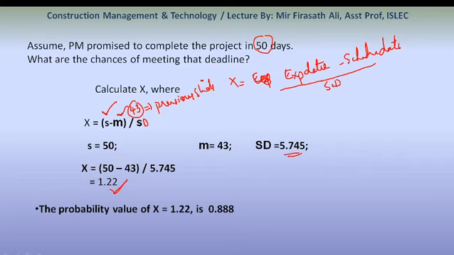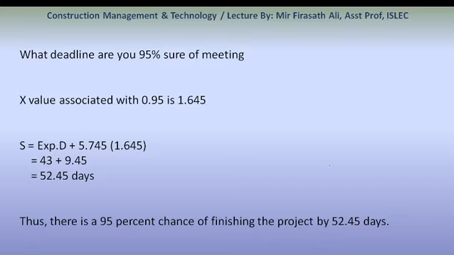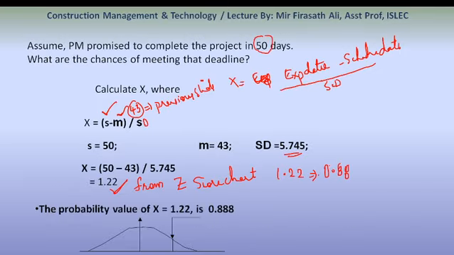If we look at the Z score chart, the probability value for 1.22 is 0.88. What does it mean?